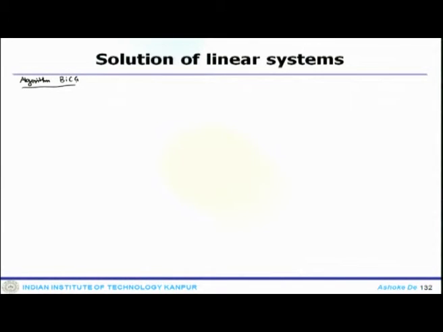What you do is first choose the starting direction. That is the initial thing one has to do: choose d naught equals r naught equals d hat naught equals r hat naught equals b minus A phi 0.